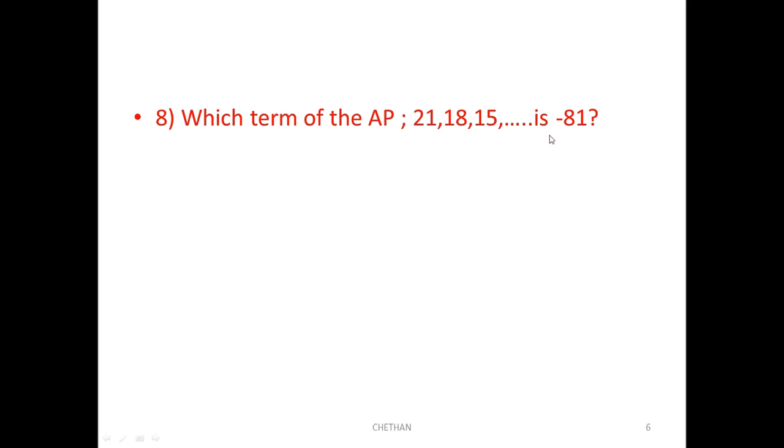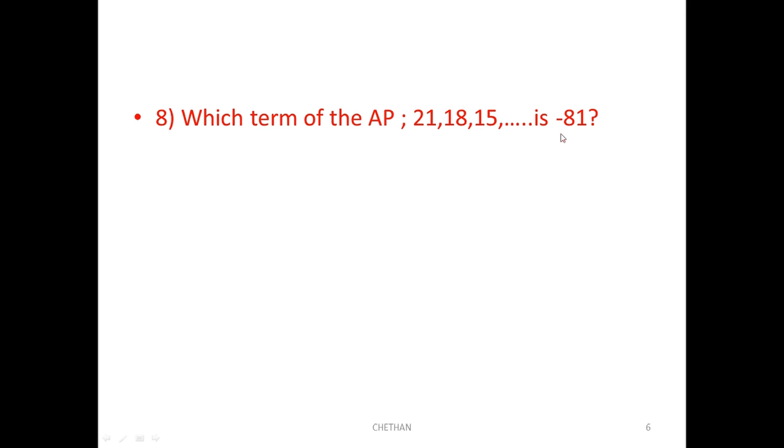On the basis of these three values, we have to find n. In the previous problem, they gave the a value, d value and an value, but in this problem they gave the sequence. We have to find a is 21, and d is 18 minus 21, which is minus 3, and an is equal to minus 81.